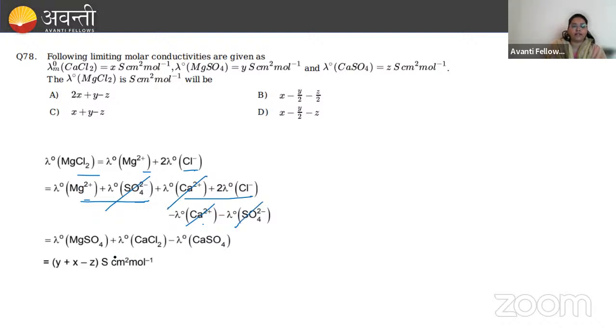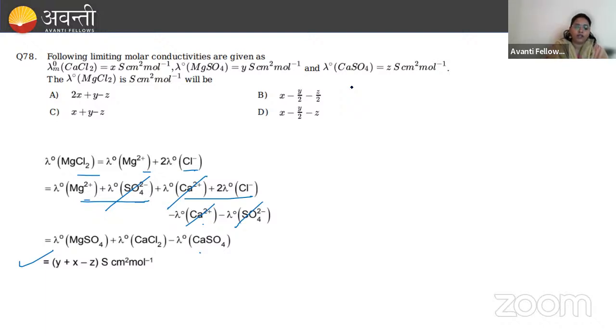Mg2+ और Cl− का आंसर मिल जाएगा. तो यहाँ से हमको ये हमारी लिमिटिंग मोलर कंडक्टिविटी इस तरह से हम लोग कैलकुलेट कर सकते हैं. Any doubt in this? Do you get the idea of this question? ठीक है. Kohlrausch's law. We need to use Kohlrausch's law in order to calculate this limiting molar conductivity.